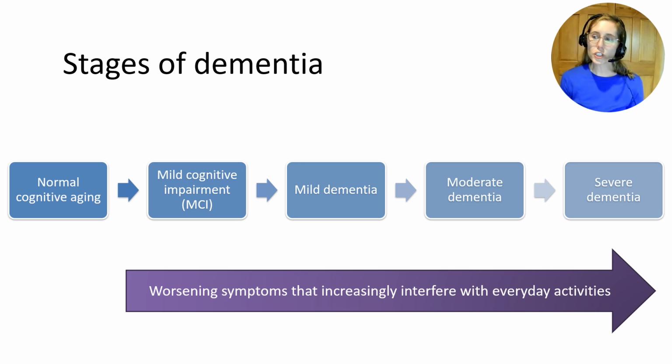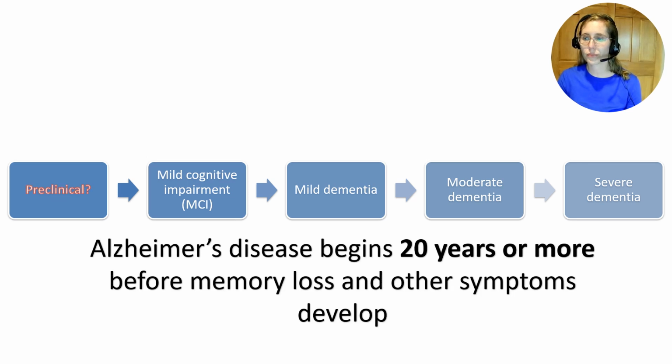And we differentiate between these stages, particularly once you get to the diagnosis of MCI, by their symptoms, by worsening symptoms that increasingly interfere with everyday activities. And I want to state that although these arrows and boxes are all of equal sizes, these are not necessarily of equal duration. And also, as mentioned, someone does not necessarily move through all of these stages.